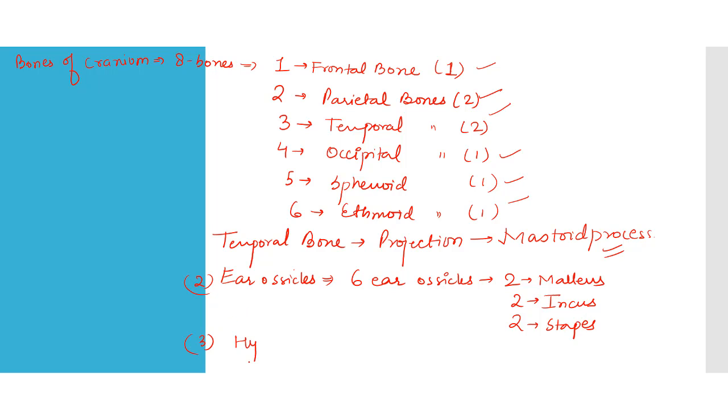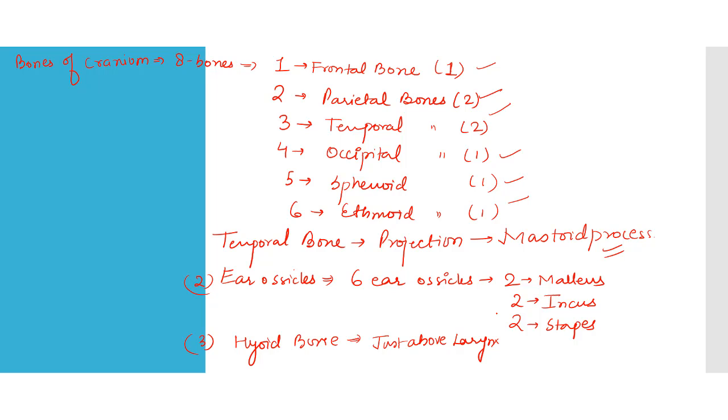Hyoid bone. Hyoid bone is situated at the anterior wall of the upper part of the throat, just above the larynx, the voice box. Okay. It is not a bone of the skull proper. It is customarily considered with that portion of the skeleton.